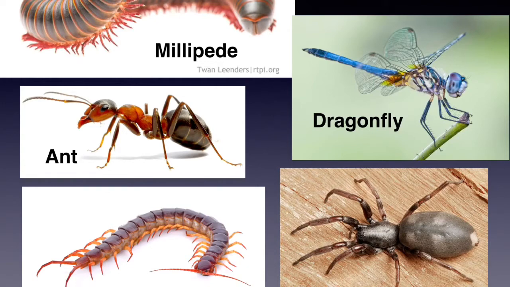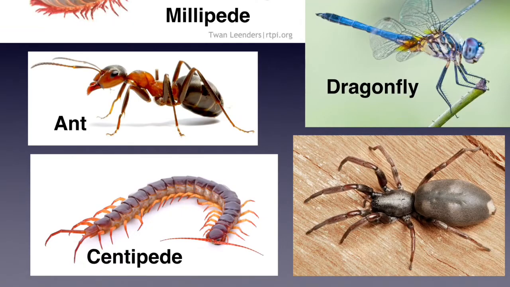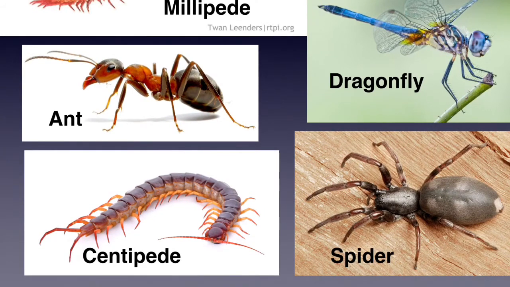Do not pick it up if you see it. What is it? That is a centipede. And next to the centipede, the creepiest of them all, the hated, what is it? That is a spider.